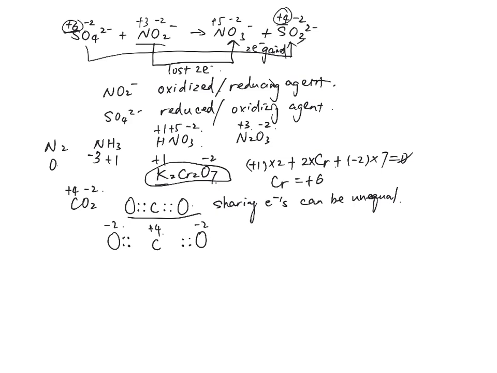Find any chemical reaction there, write it down, then start labeling, okay, and then try to determine, okay, who's losing electrons, who's gaining electrons, who's oxidized, who's reduced, who's the oxidizing agent, who's the reducing agent. With some practice, this can eventually come pretty easy.